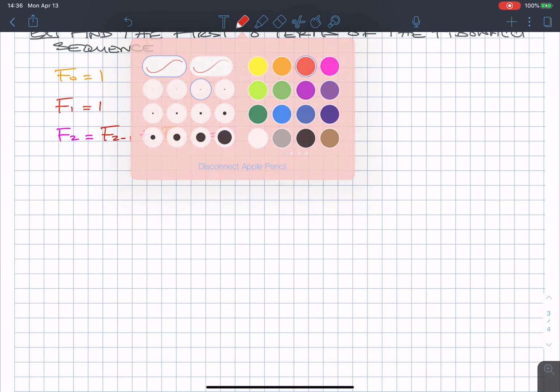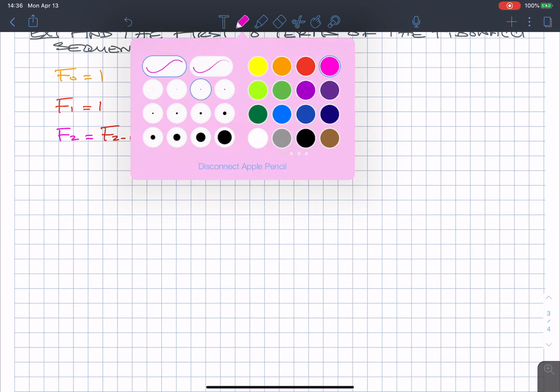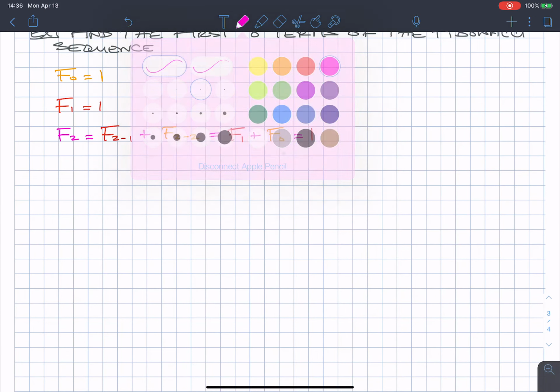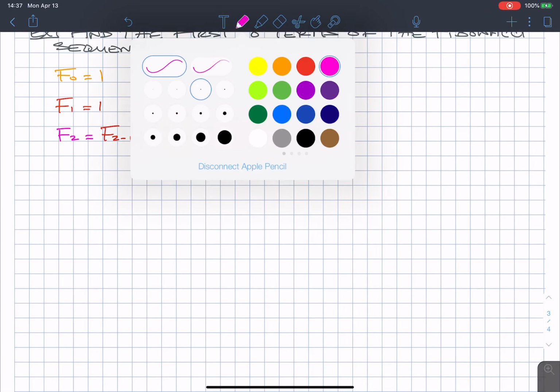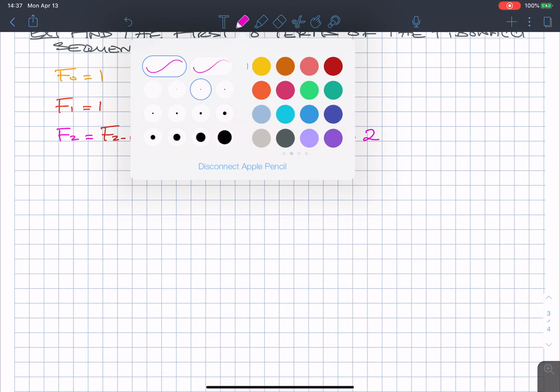So that is going to be f sub 1 plus f sub 0, because 2 minus 2 is 0. Well, we had those given initially. F sub 1 is 1, and f sub 0 is 1 as well. So the second Fibonacci number, which is actually third, is 2.